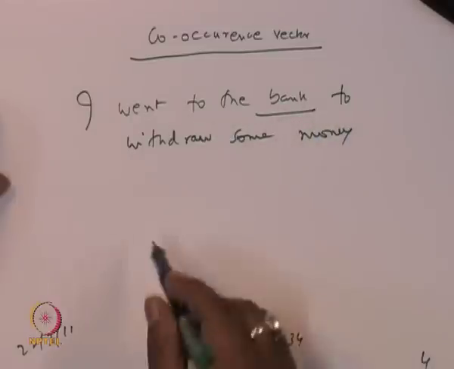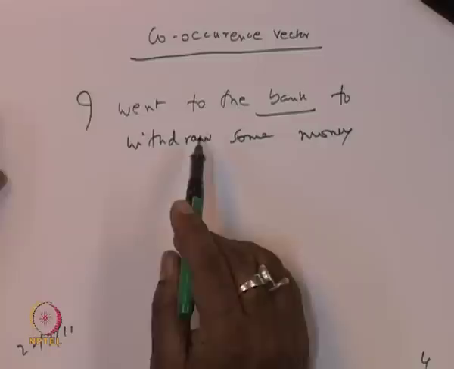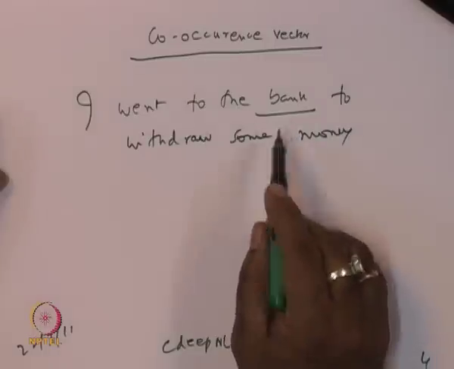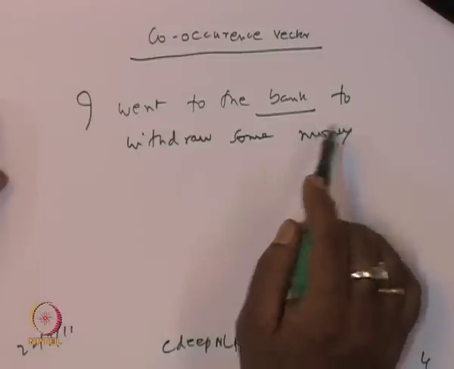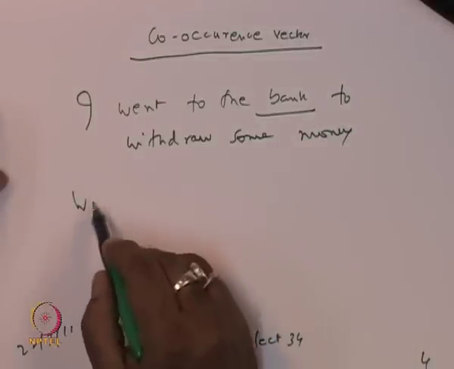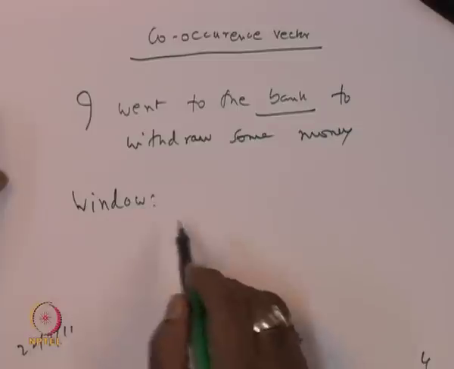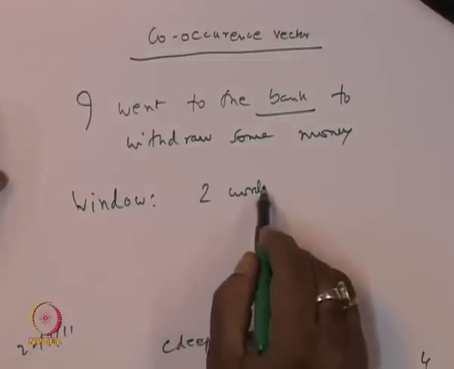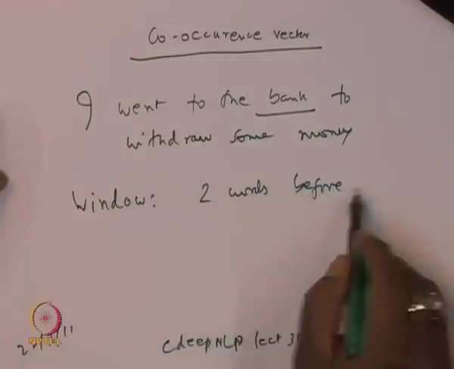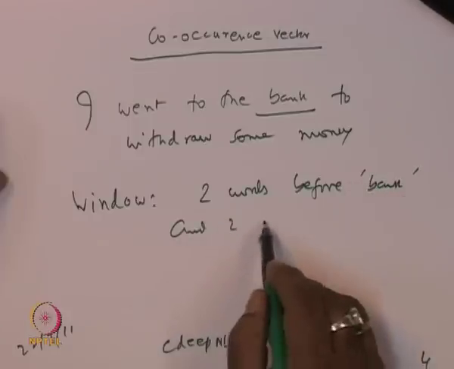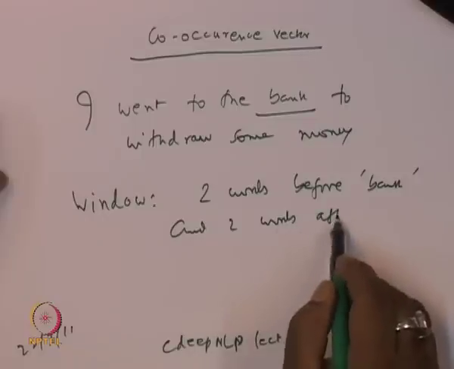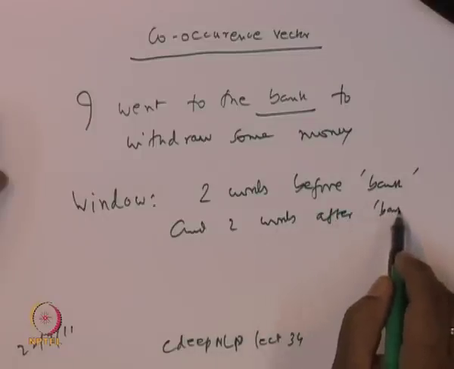Okay. So, suppose I choose my window to be 2 words before bank and 2 words after bank. So, window is 2 words before bank and 2 words after bank.